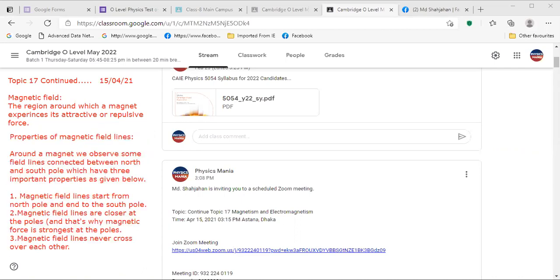I'm showing you the explanation with a diagram. So you write it, finish writing.